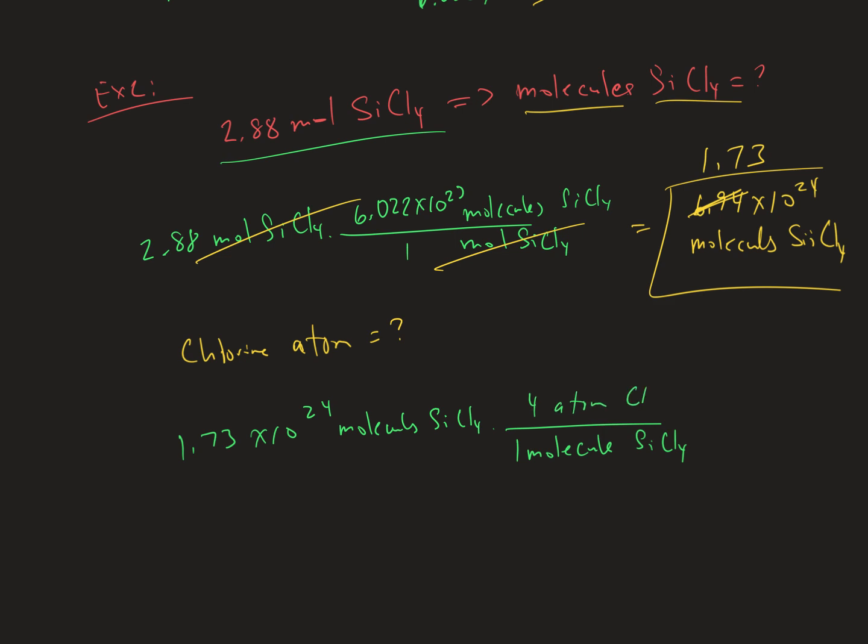Do you understand that? 4 chlorines to every one of these. So now molecules cancel. And then we get 6.94 times 10 to the 24 atoms of chlorine.